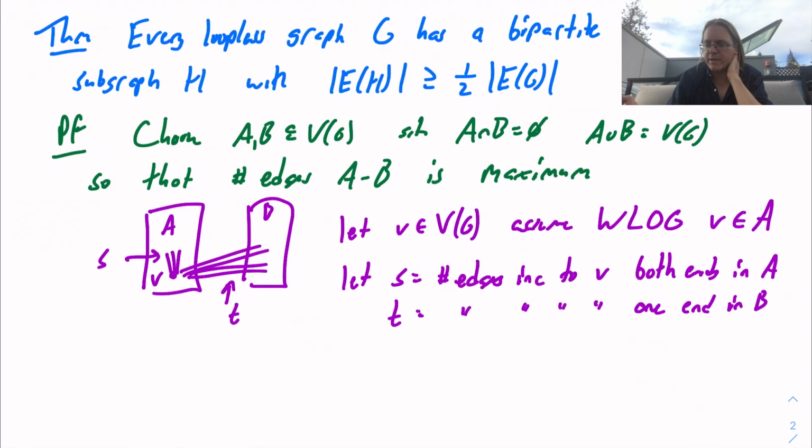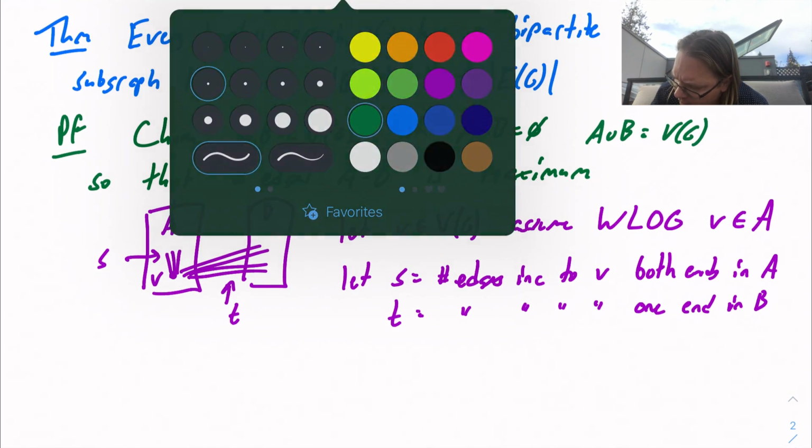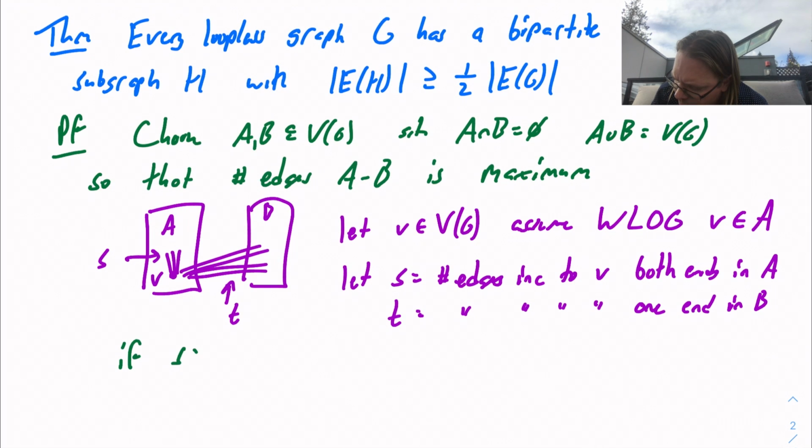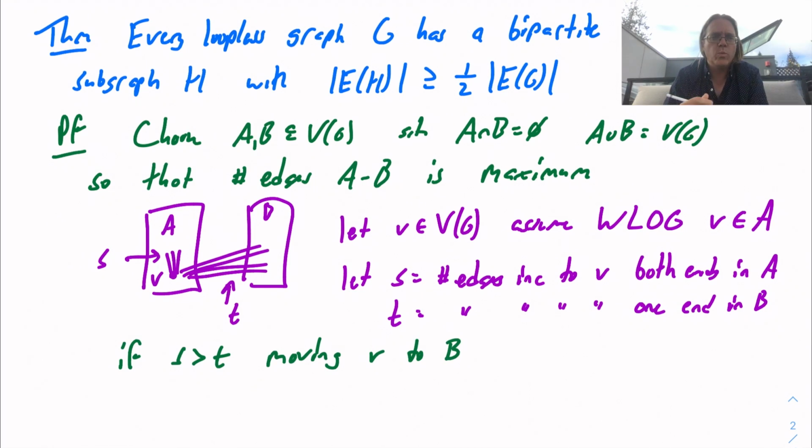If S was bigger than T, moving V to B would contradict our choice, would give us a new pair of sets A and B that would just have more edges going in between them.